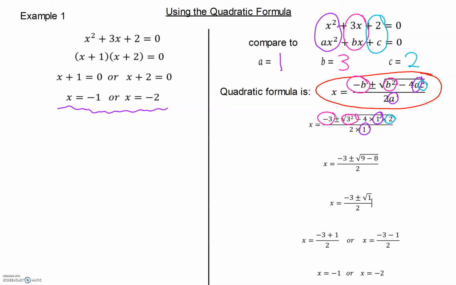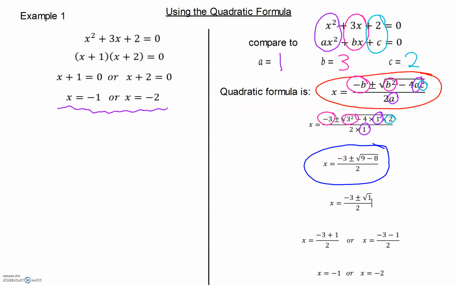And on the second line, I've actually put this using the numbers. So I've still got negative 3. 3 squared becomes 9, and 4 times 1 times 2 becomes 8, and 2 times 1 on the denominator becomes 2.